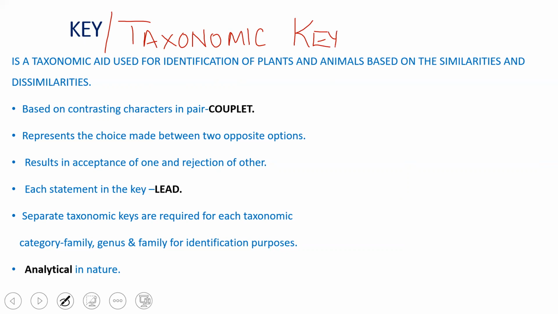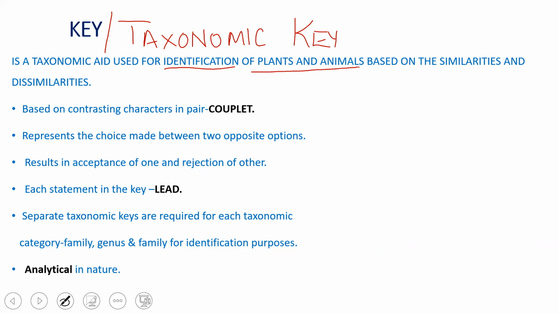We know that other than museums, zoological parks, botanical gardens, and herbarium, the key is another type of taxonomic aid. Why is it used? It is used for identification of plants and animals. So the plants and animals heading comes under museums, and it is even involved with regard to the taxonomic key.